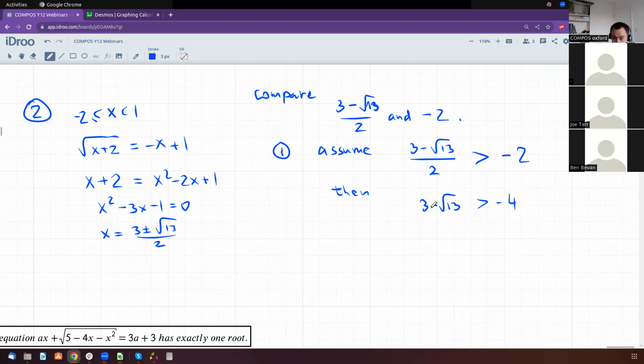Then you add 4 to this, so 3 plus 4 is greater than square root of 13. Then 7 is greater than square root of 13. Square it, 49 is greater than 13. True.